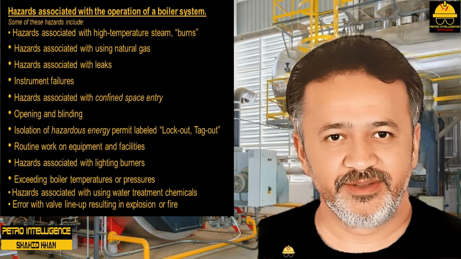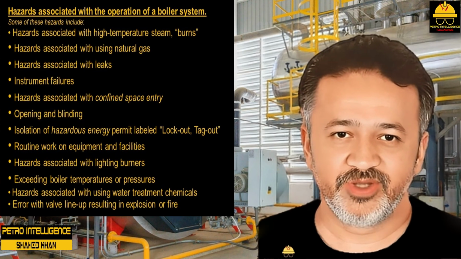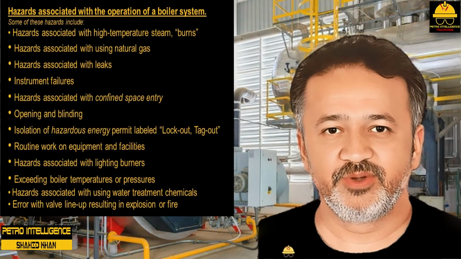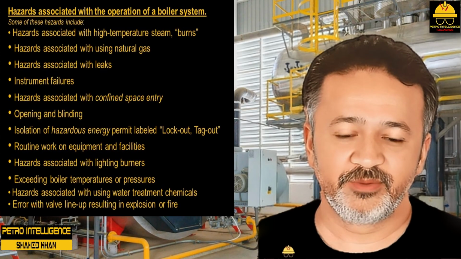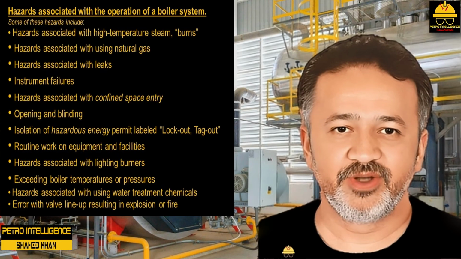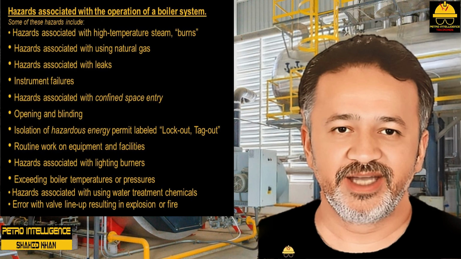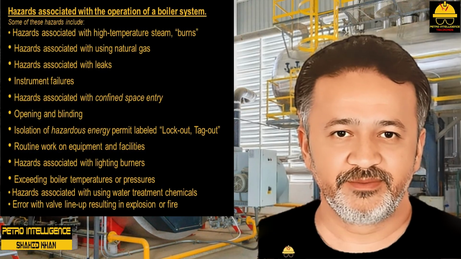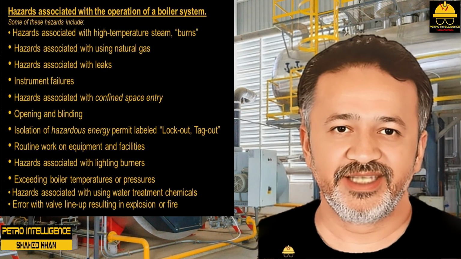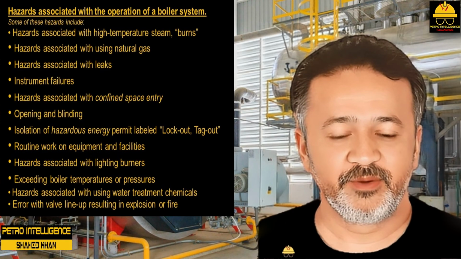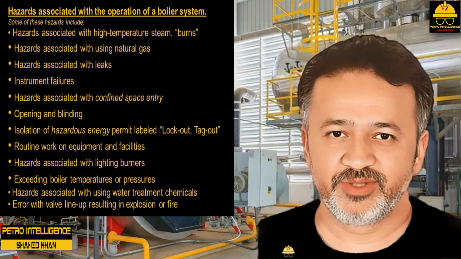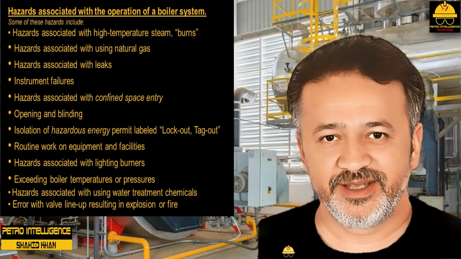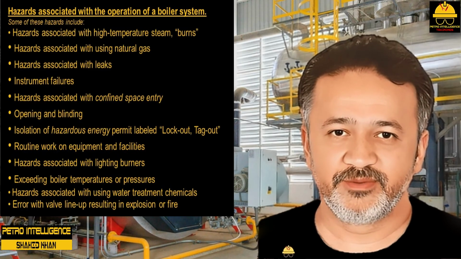Some of these hazards include: hazards associated with high-temperature steam, burns; hazards associated with using natural gas, leaks, instrument failures; hazards associated with confined space entry, opening and blinding; isolation of hazardous energy, permit-labeled lockout/tagout, routine work on equipment and facilities; hazards associated with lighting burners, exceeding boiler temperatures or pressures; hazards associated with using water treatment chemicals; error with valve lineup resulting in explosion or fire.